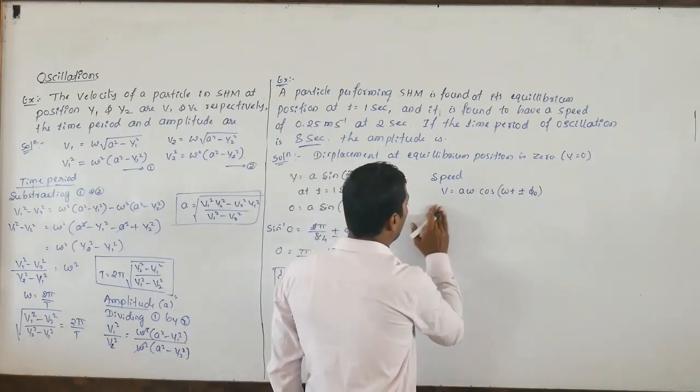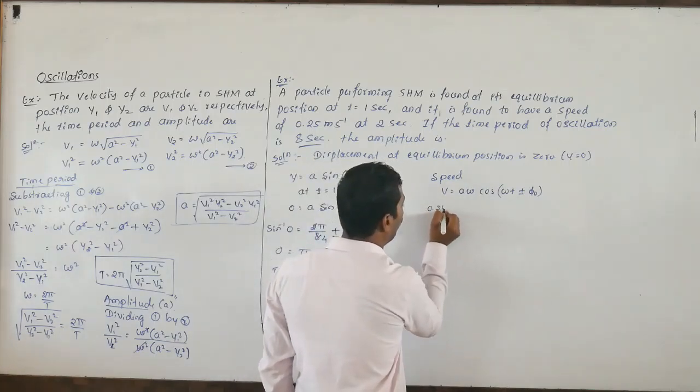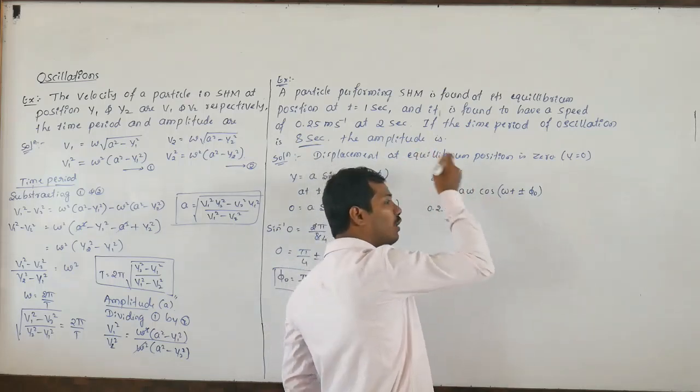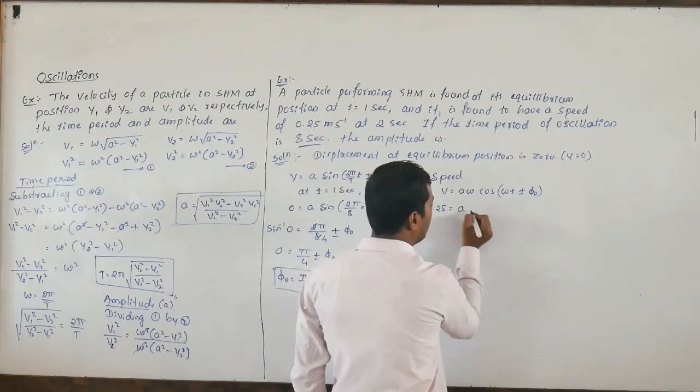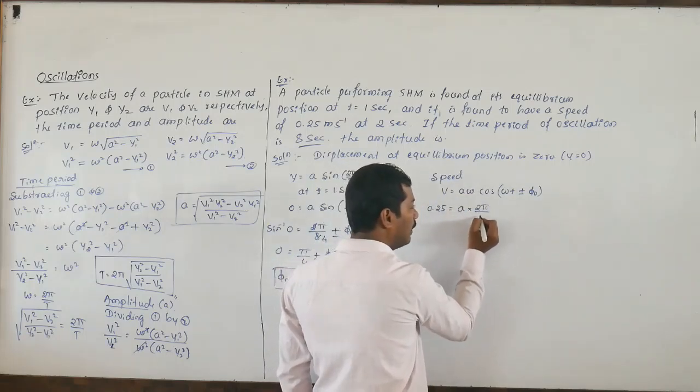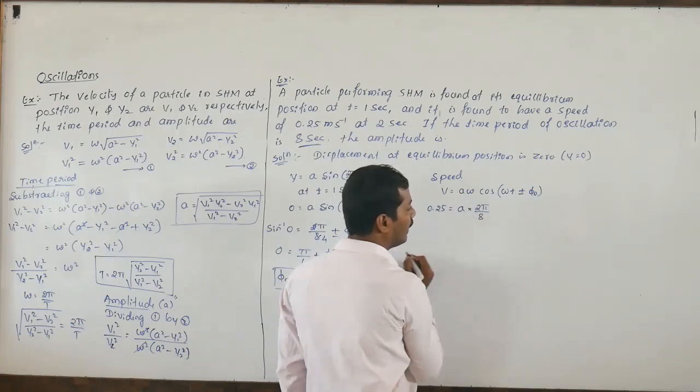V is equal to how much? 0.25, and we don't know the value of A, because we want the value of A. Omega is nothing but 2 pi divided by T, where T is equal to 8 seconds.